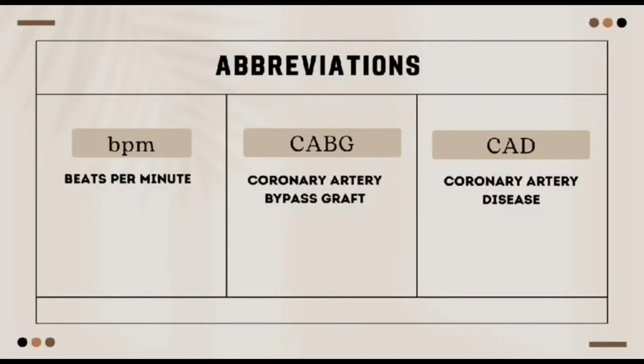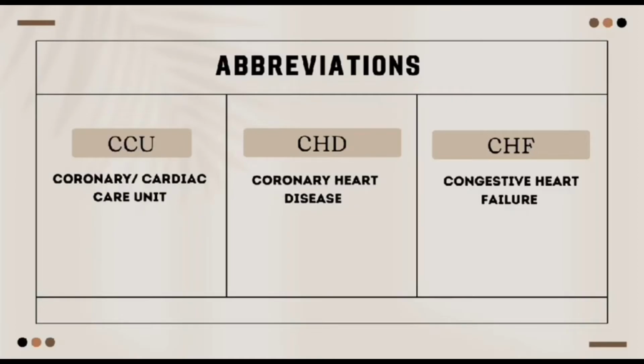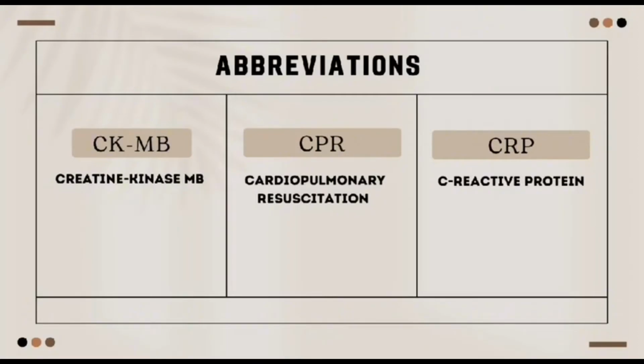CAD, or coronary artery disease, is a blockage of coronary arteries. CCU, or coronary cardiac care unit, is a hospital ward specialized in the care of patients with heart attacks. CHD is coronary heart disease, the term that describes what happens when the heart's blood supply is blocked. CHF is congestive heart failure, a serious condition in which the heart doesn't pump blood as efficiently as it should.